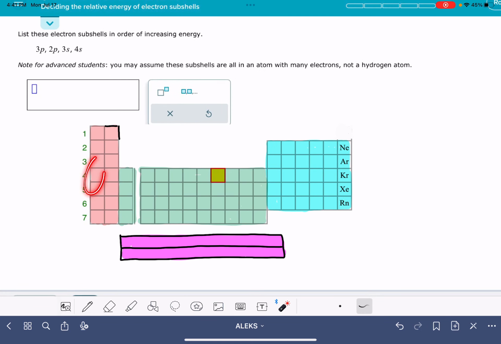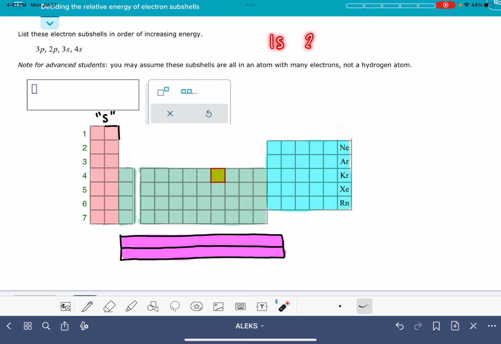So as I said, we've got these 4 different areas of the periodic table color-coded. Each of those 4 areas pertains to the different types of orbitals: the s orbital, the p orbital, the d orbital, and the f orbital. This first couple of columns of the pink area corresponds to the s orbitals. And as you know, there isn't just a single s orbital.